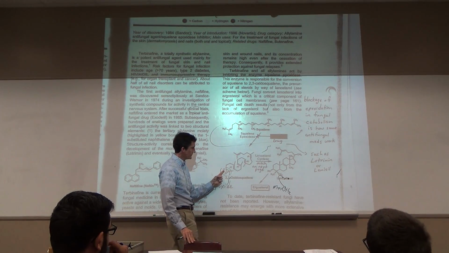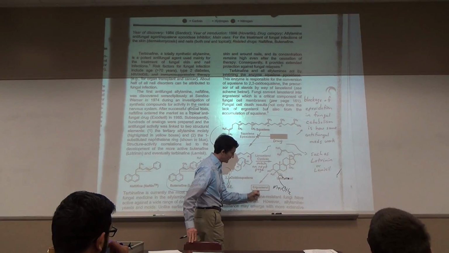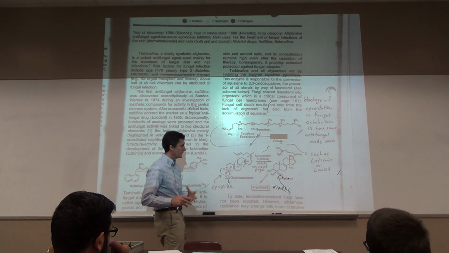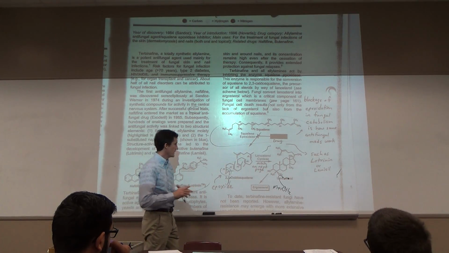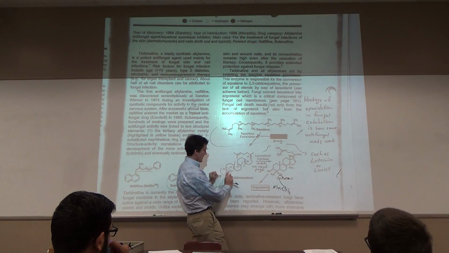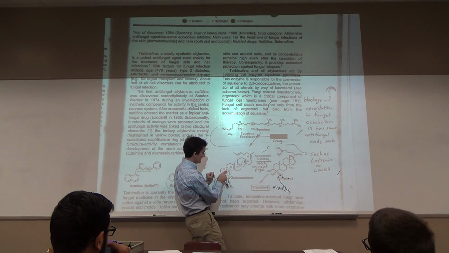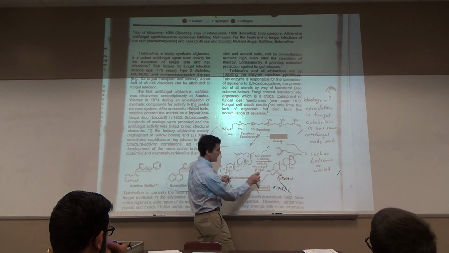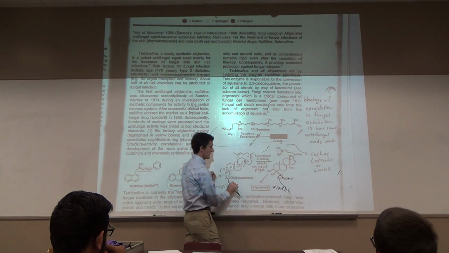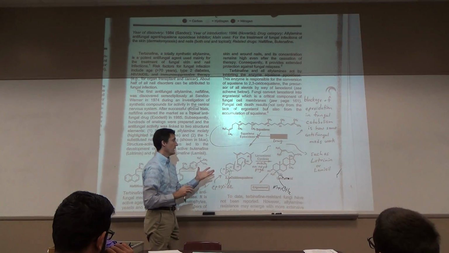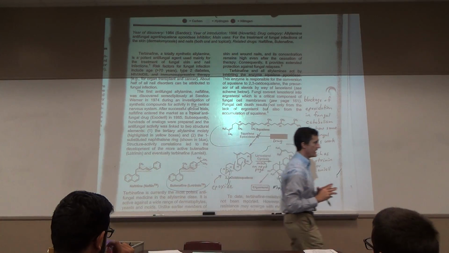Now from here, this eventually goes on to ergosterol, which is a lot like cholesterol, very similar. But if you look here, there's really no ring system through here. We only have the small epoxide ring. Over here, we now have 4 rings. How in the world does this take place? I kind of show you the mechanism on the other side. It's an epoxide mechanism. It starts with the epoxide.